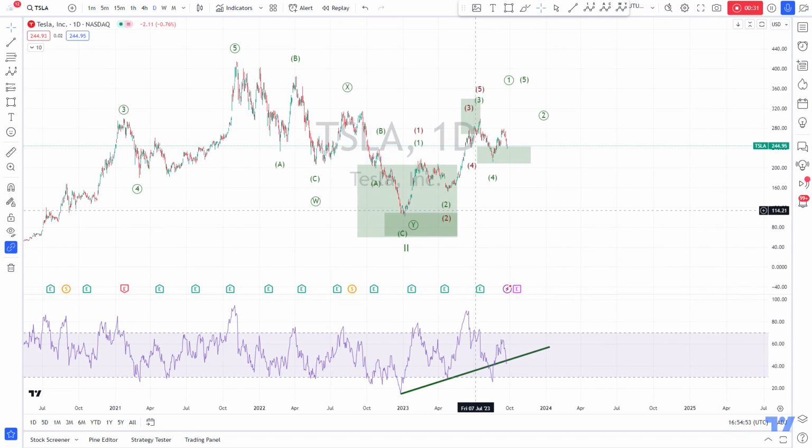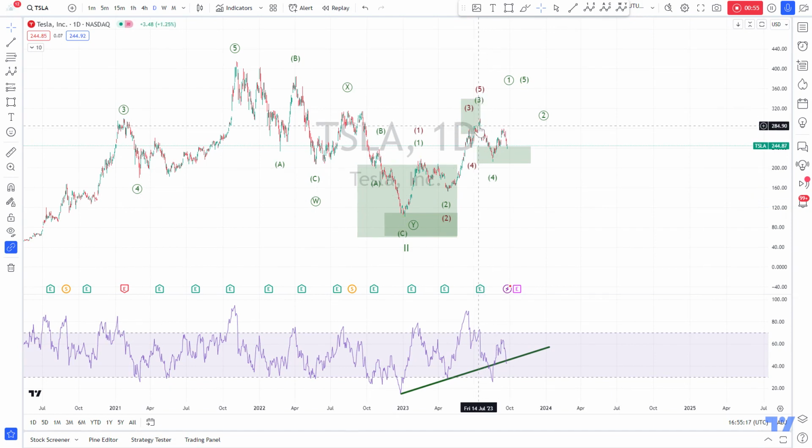So I had a look, and actually, the previous video that I made, the forecast that I made in that video turned out perfectly. Kind of perfect forecast.